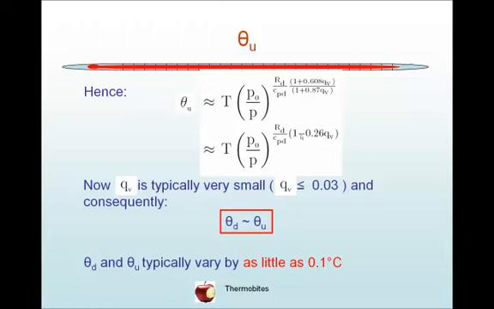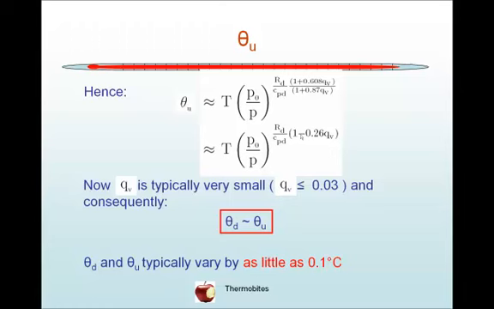So what we can do then is substitute those in our equation for our unsaturated moist adiabat, and that's shown in the top equation there. Because qv is typically small, we can do a Taylor expansion of the denominator, and because qv is small, we will ignore terms involving q squared and larger because they'll be very small compared to 1.